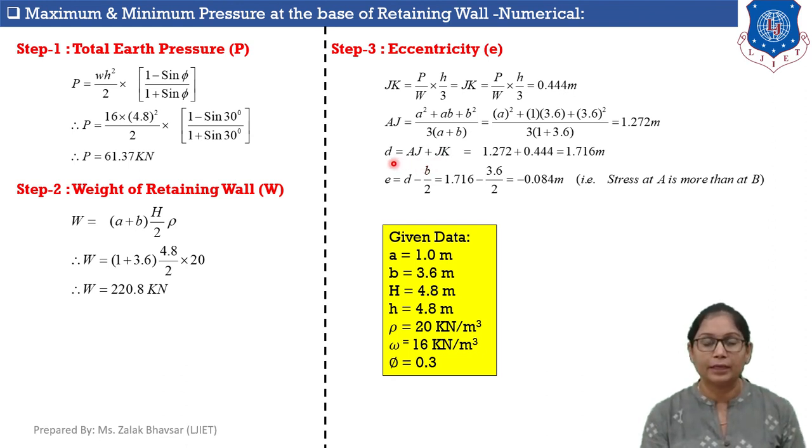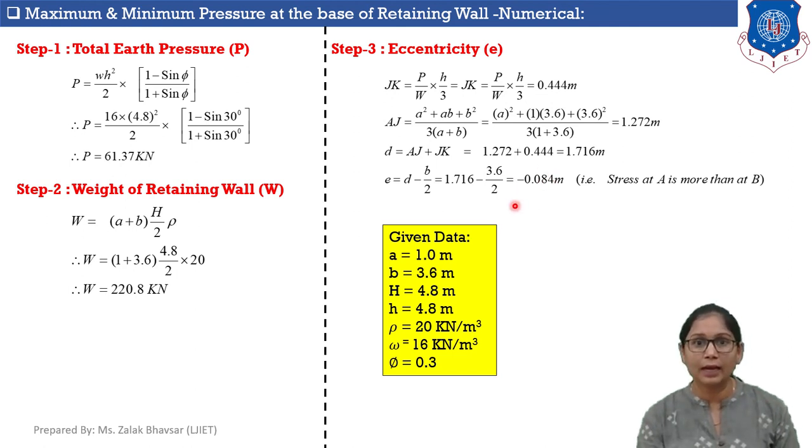So I am getting value of D is equal to 1.716 meter. Now eccentricity E is equal to D minus B by 2. Value of D as we calculated 1.716 meter, minus B means bottom width of the wall is 3.6 meter upon 2. Okay, so I am getting eccentricity is equal to 0.084 meter.